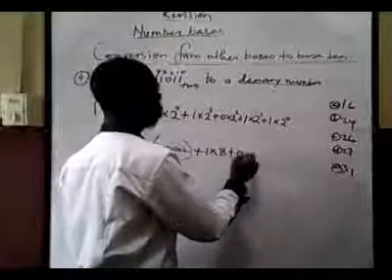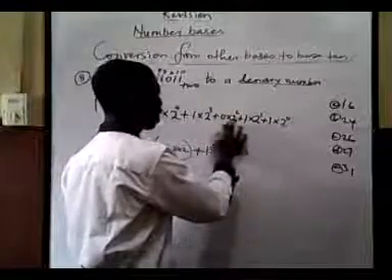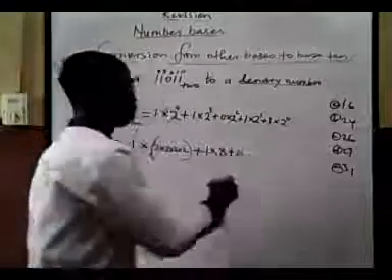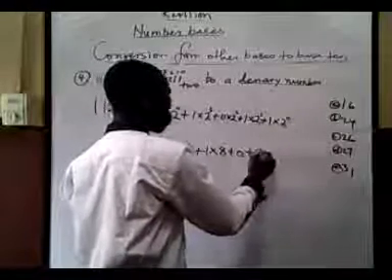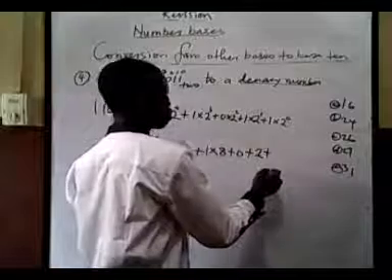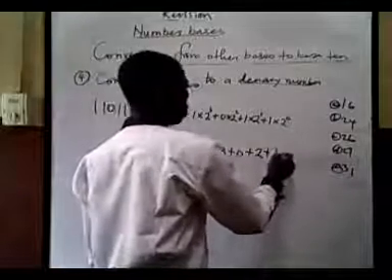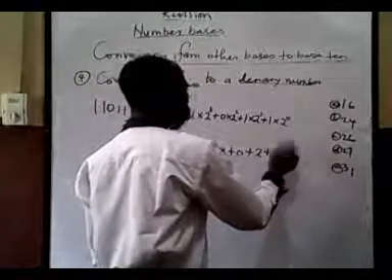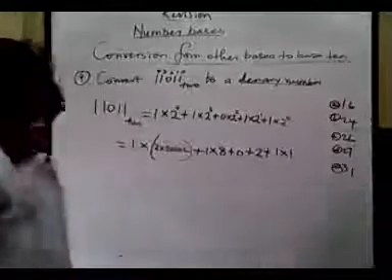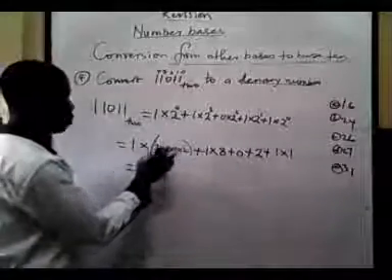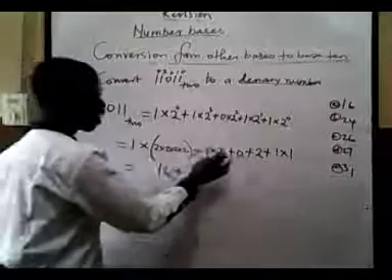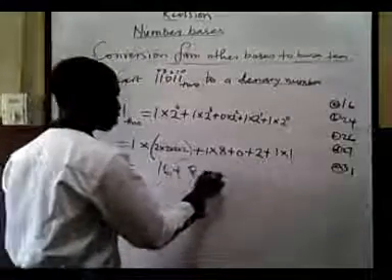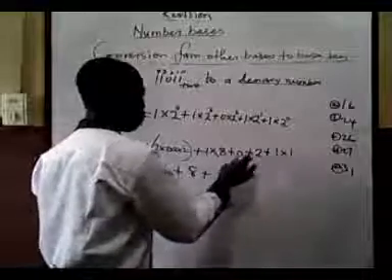Plus 0 times anything is what? 0. Plus 1 times 2, 2. Plus 1 times what? 1. Any number raised to the power of 0 is what? 1. So here I'm having 16 times 1, 16. 8 times 1, 8. 0, not useful.